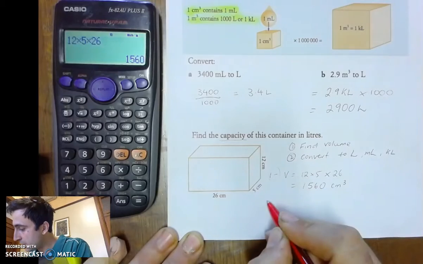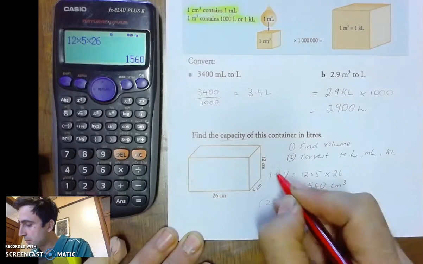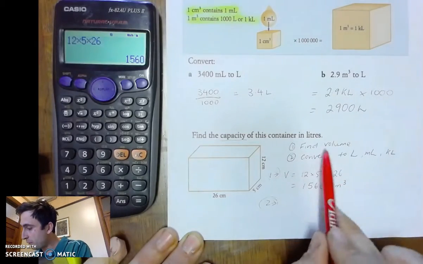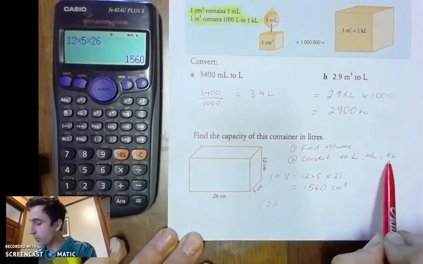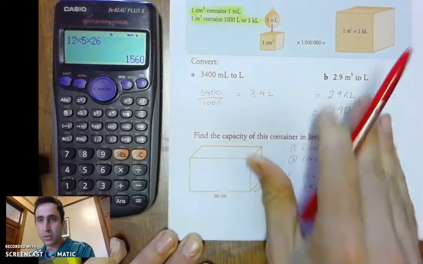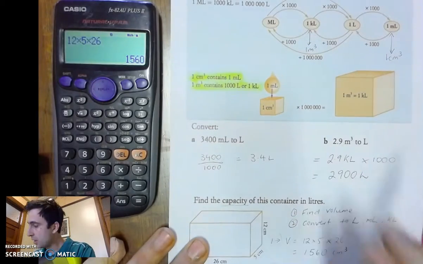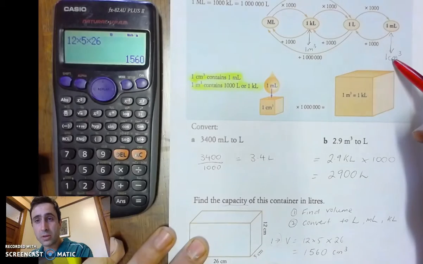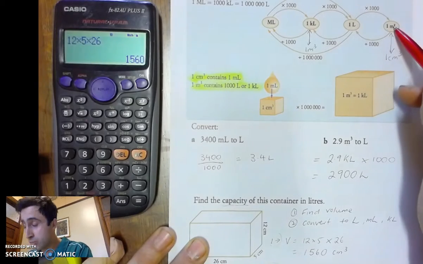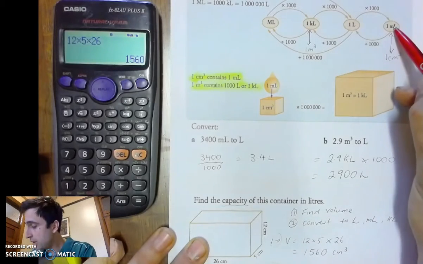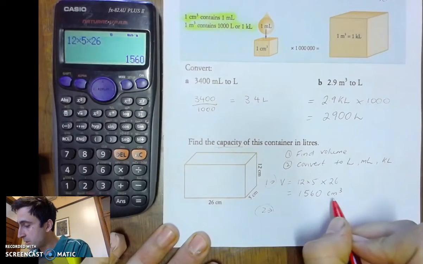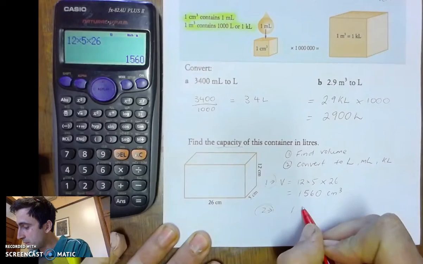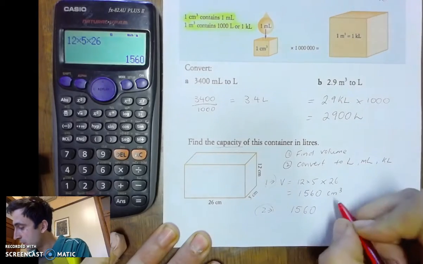Now we have to do the second part. We've found our volume, now we have to convert to our millilitres, litres, and so forth. We know it's centimetres cubed, so let's go all the way back down here again. Centimetres cubed converts directly to millilitres, therefore 1,560 centimetres cubed is going to be 1,560 millilitres.